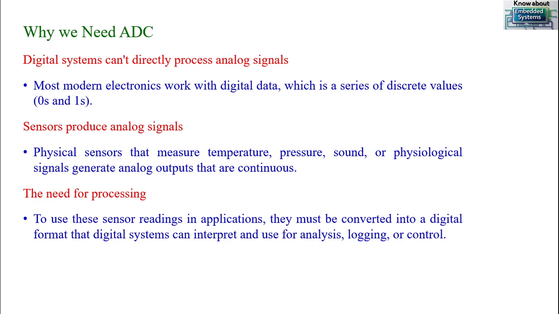For example, if temperature is exceeding some threshold level, we have to turn on a heat fan, or turn on some cooling system, or turn on an alarm system. Some processing like this we're supposed to do. This is very difficult to do with analog signals. So that is why we require ADC. These are all very important reasons why we require ADC.